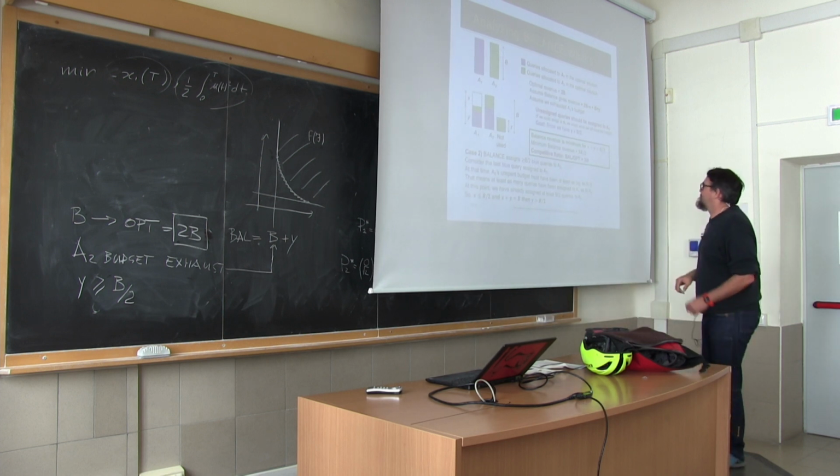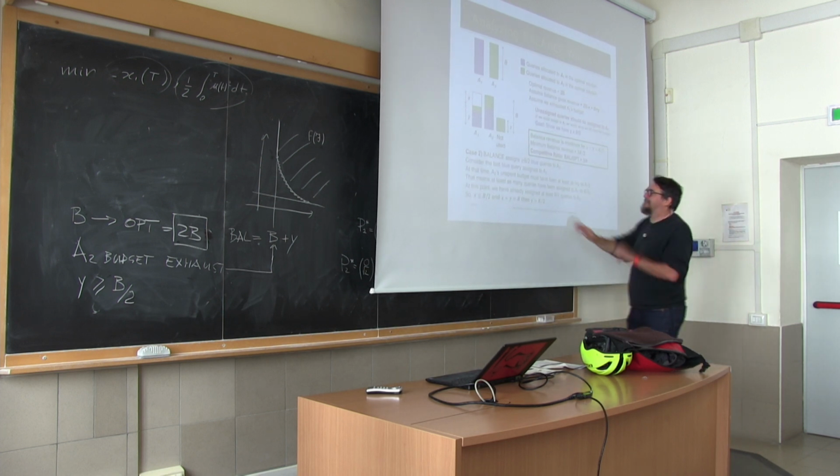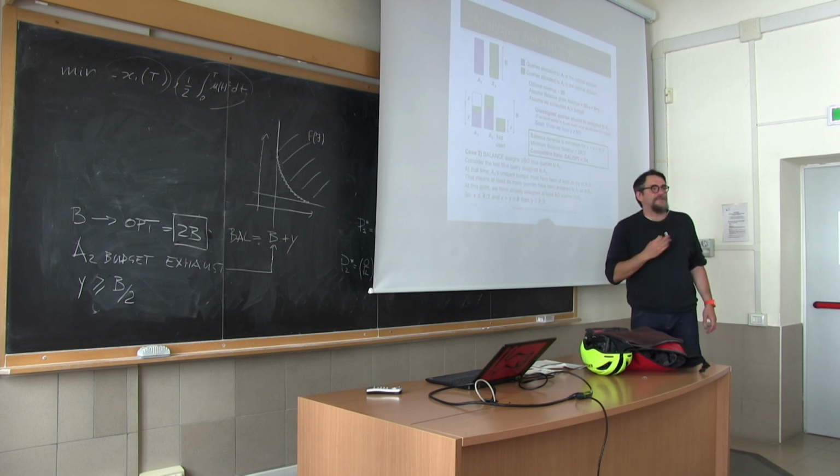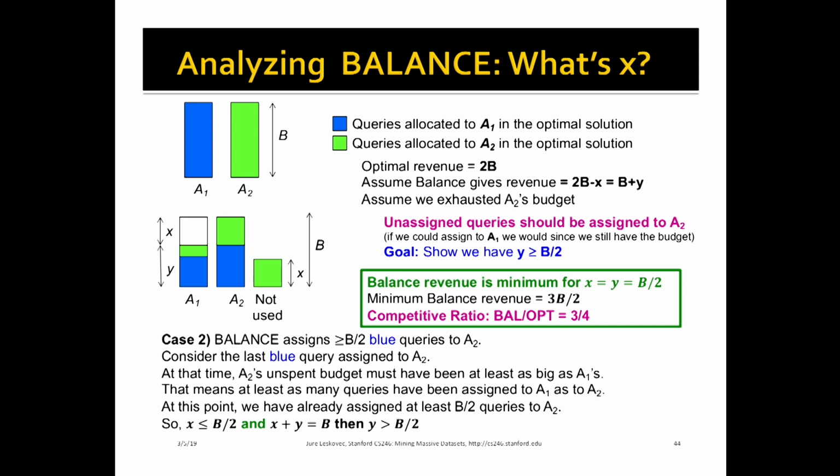Which means that at least as many queries have been assigned to A2 as to A1 at that moment. And so, by this, we can say that we have assigned at least B over 2 queries to A2 because of the initial hypothesis of case 2.